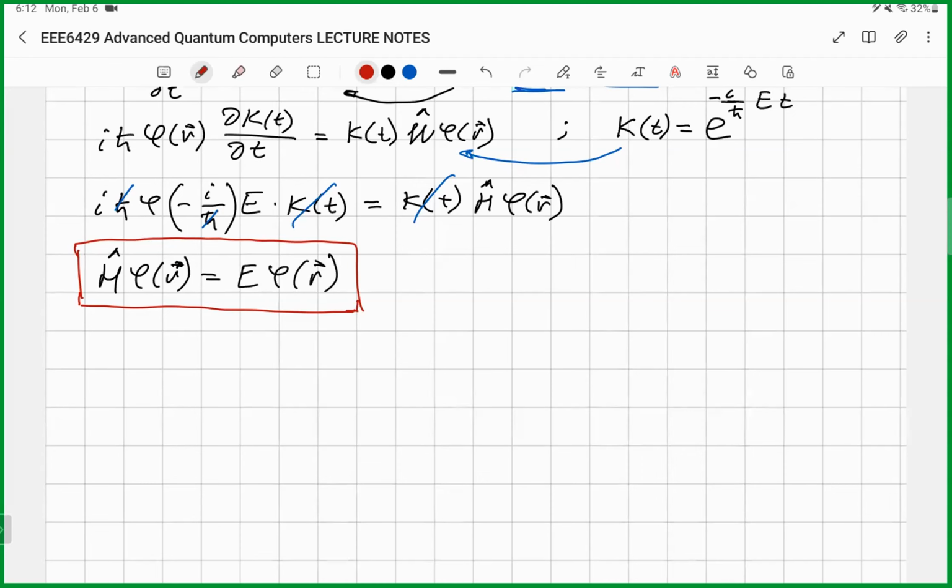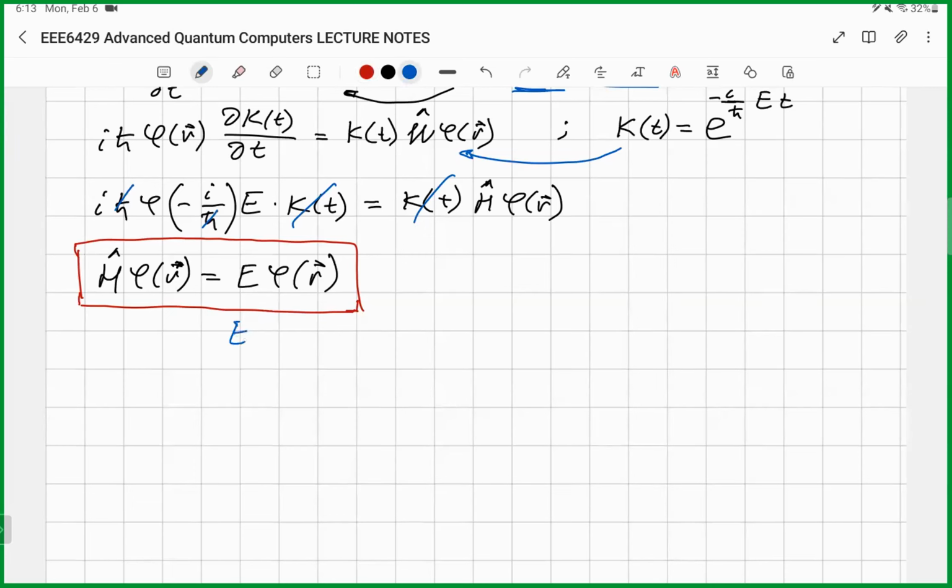And for a particular system, like an atom, I can write the Hamiltonian. Then this equation, by the way, is nothing but the eigenstate and eigenvalue equation for this particular operator, the Hamiltonian.